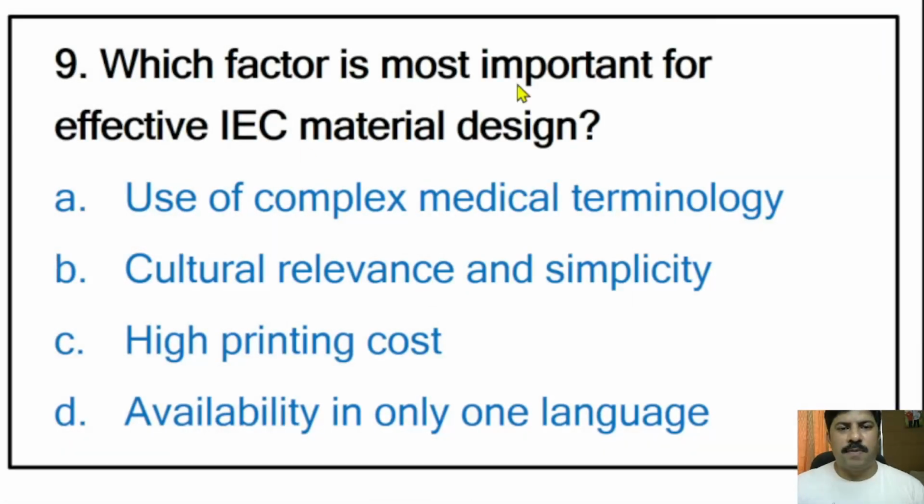Which factor is most important for effective IEC material design? Use of complex medical terminology, cultural relevance and simplicity, high printing cost, availability in only one language. The correct answer is option B, cultural relevance and simplicity.